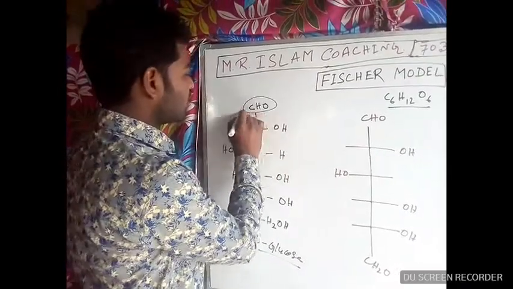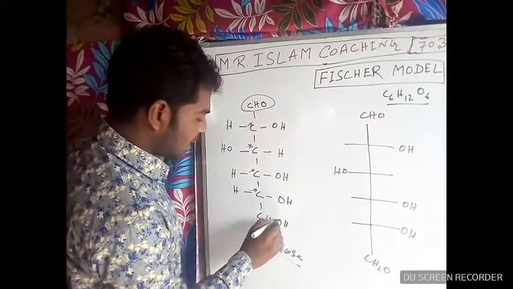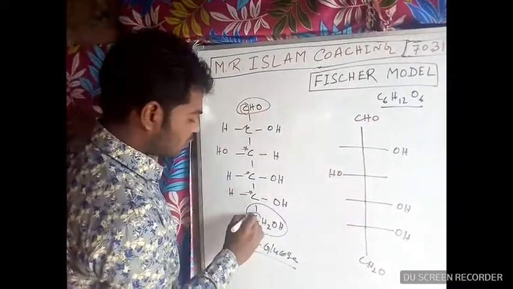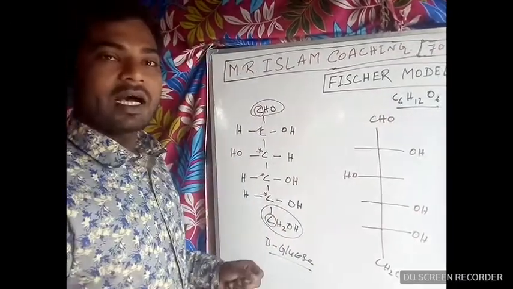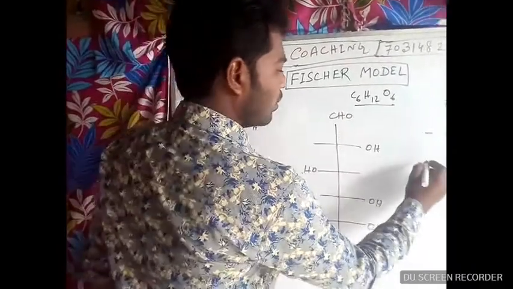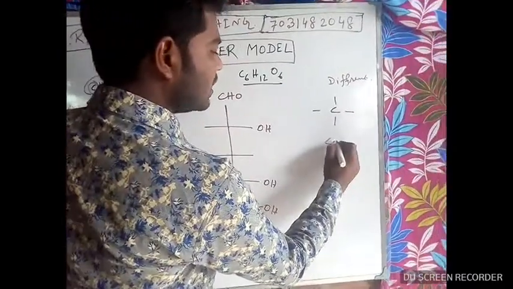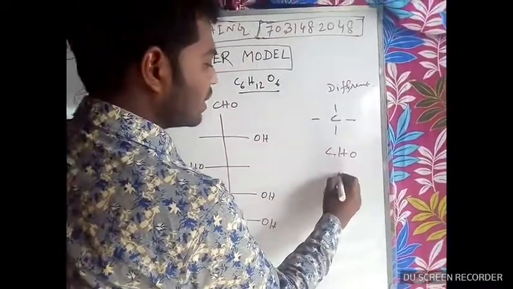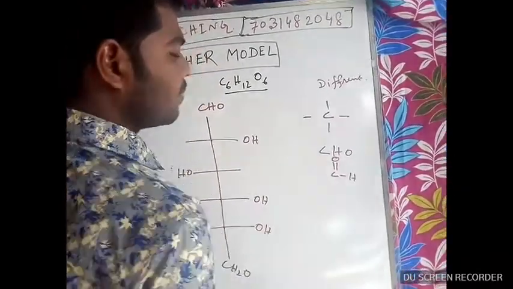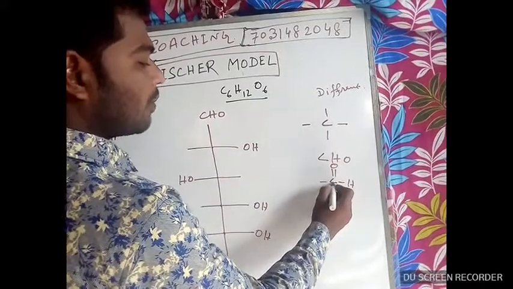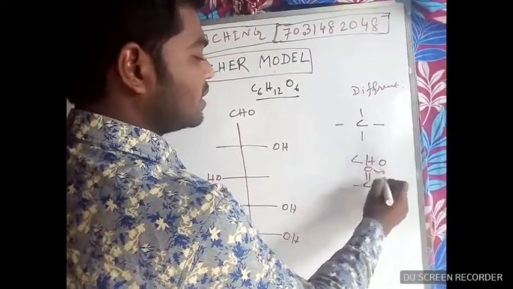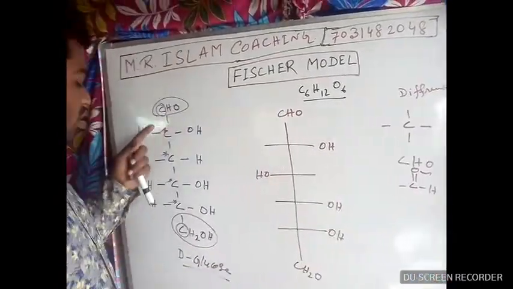At the top carbon and at the bottom carbon, it is not chiral, because here we see the CHO. We write the structure CHO, C double bond O, bond H. We see the carbon has 2 hands that are oxygen, so it's not chiral.